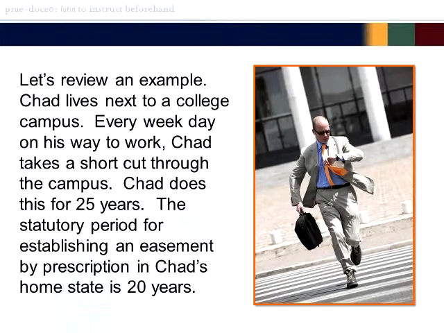Let's review an example. Chad lives next to a college campus. Every weekday on his way to work, Chad takes a shortcut through the campus. Chad does this for 25 years. The statutory period for establishing an easement by prescription in Chad's home state is 20 years.